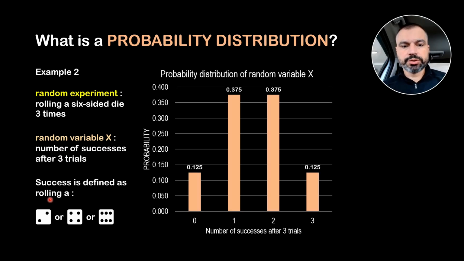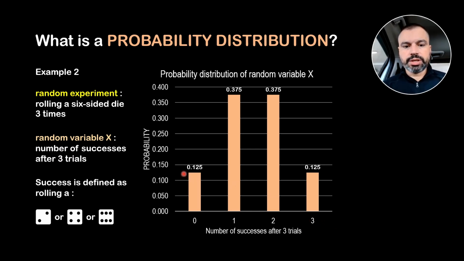And this is what the distribution of this random variable x looks like. This is the binomial distribution. On the x-axis, we have the possible values for x. So x can be 0 for 0 successes after 3 trials. It can be 1 success, 2 successes, or 3 successes.